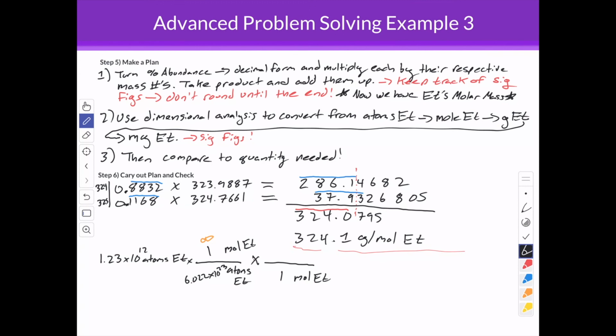Because we have solved for the average atomic mass, which is the molar mass now. So now we can use the number we just solved: 324.0795, the one with all the digits, but keep track of sig figs. 1, 2, 3, 4 sig figs. And that is grams of ET.